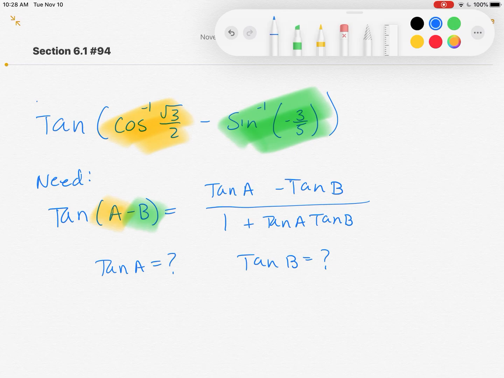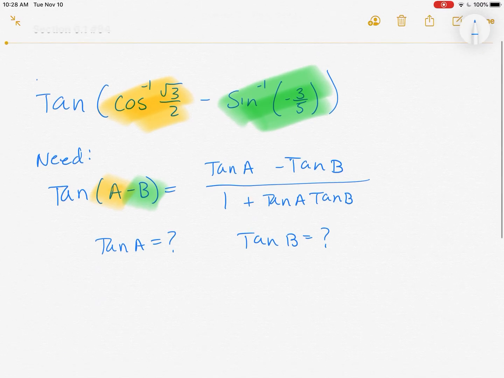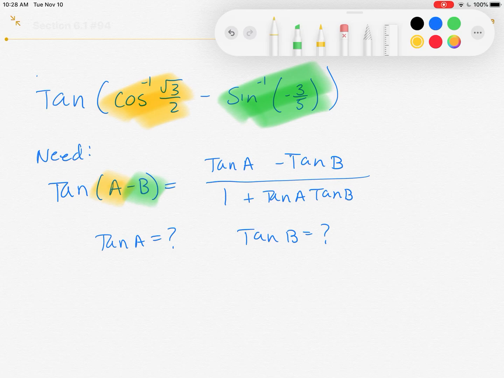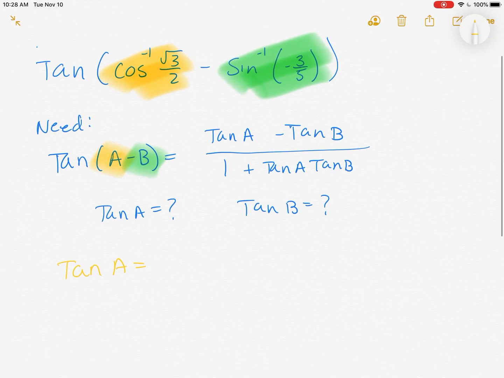So let's go work it out. Because I'm not going to be able to know a memorized angle for the second one, I'm just going to show both of them the same way. If I look at a, that yellow one, let's see if I can write in yellow and if it stands out. Tangent of a.